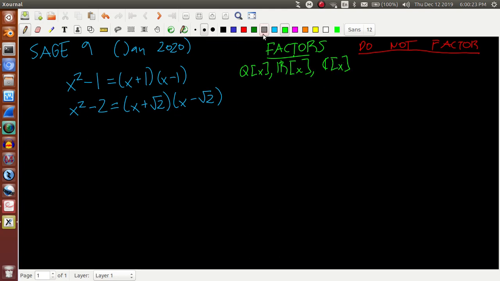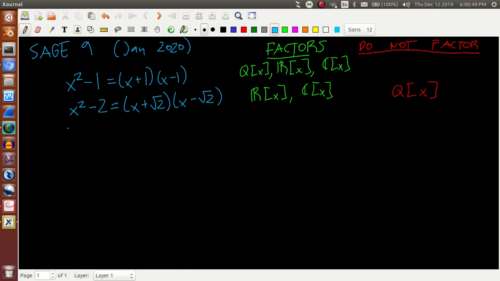But this one only factors in the reals and the complex numbers, at least of these three possibilities. It does not factor over the rational numbers Q. If you just did Q, square root of 2 is not in Q, so this polynomial is irreducible.